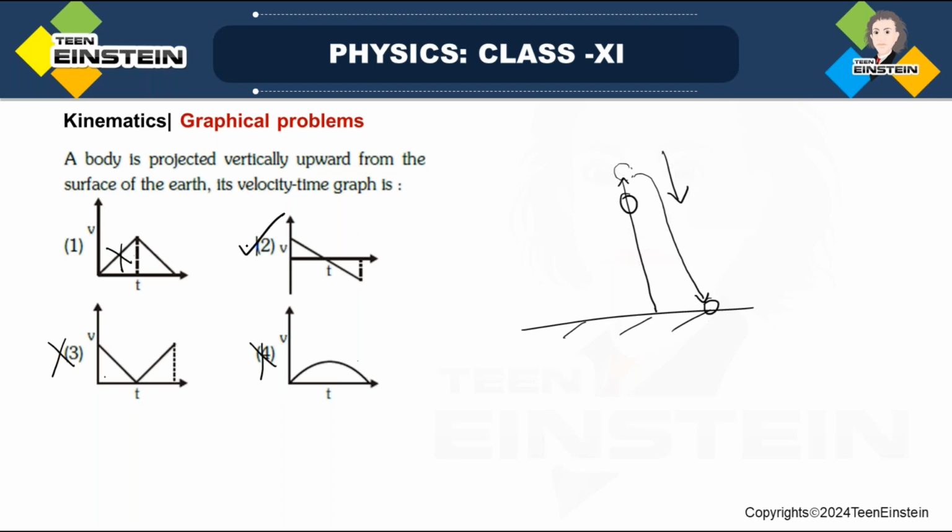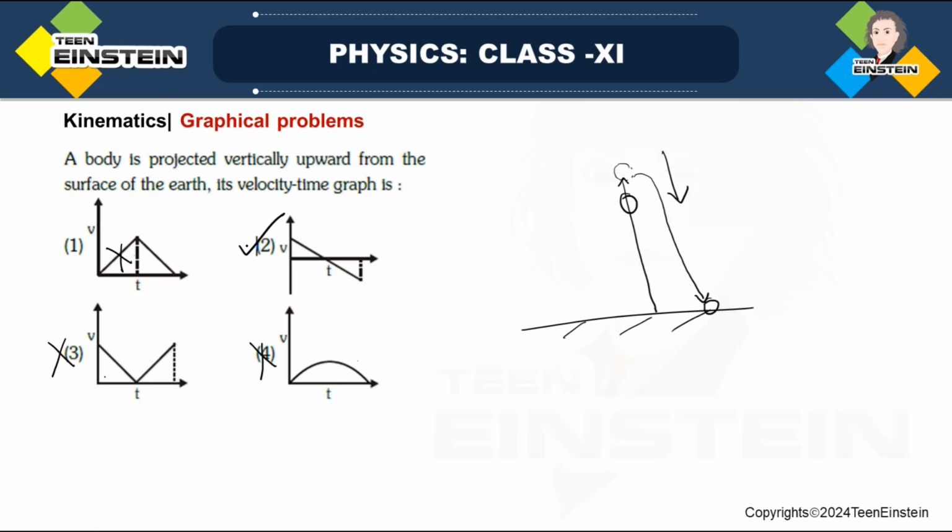So in this case you have to understand that velocity decreases as it goes upward, and eventually at the highest point it will come to rest, then it will start free falling due to gravity, and that time velocity will be increasing but in the opposite direction.